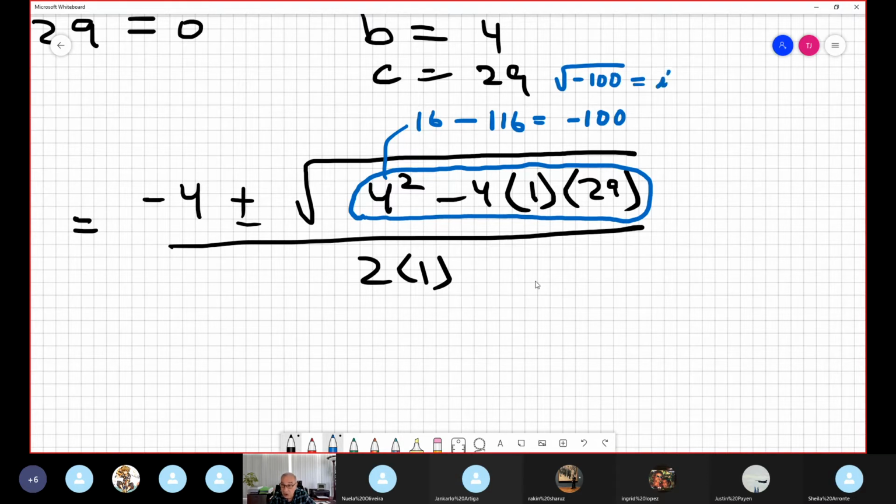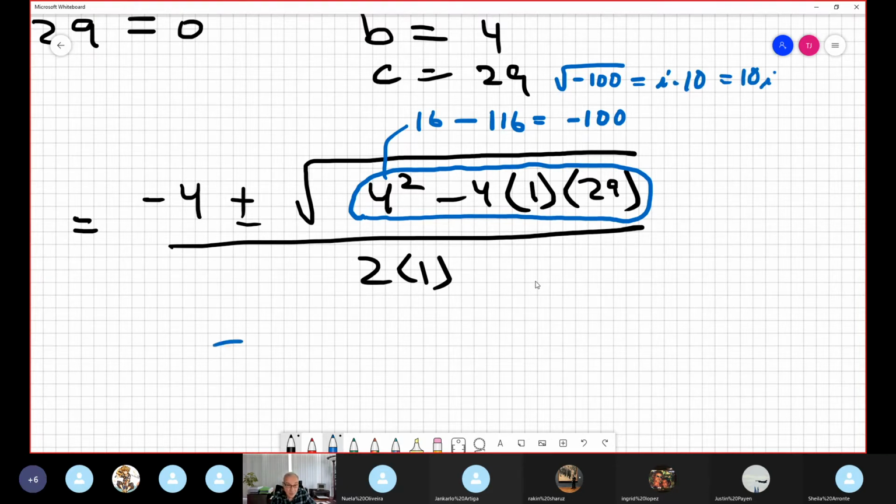Remember, when you see a negative quantity inside the radical, immediately you think about the I. And the square root of 100 is 10. So actually it's I times 10, or much better, 10I. You put the number in front.